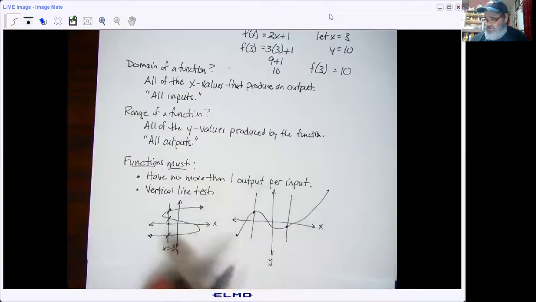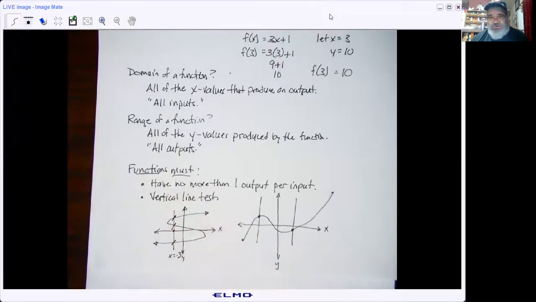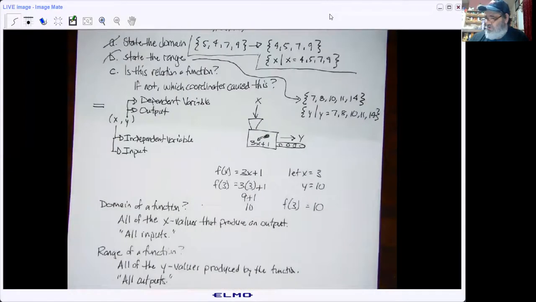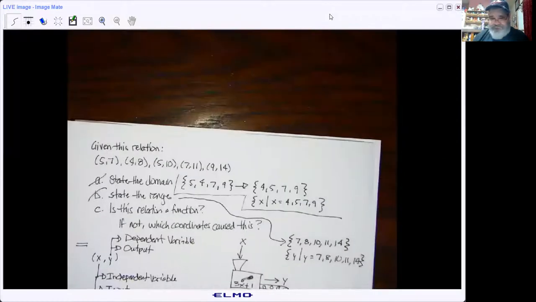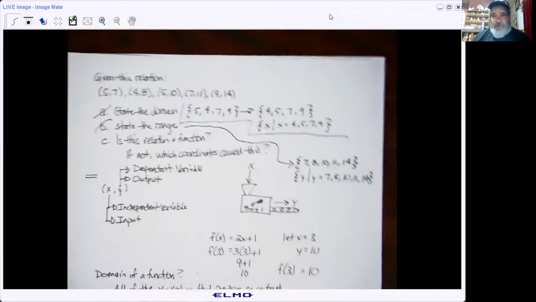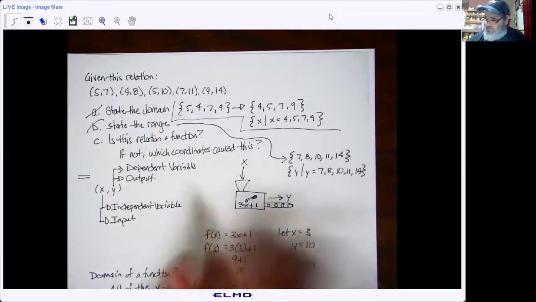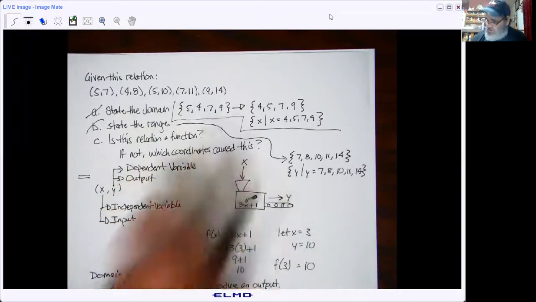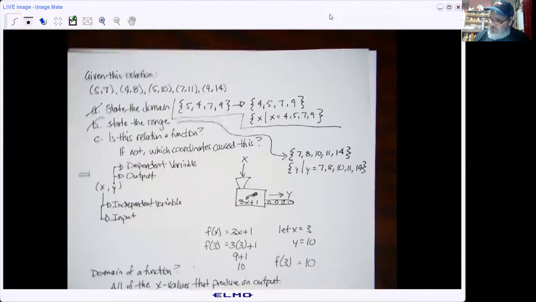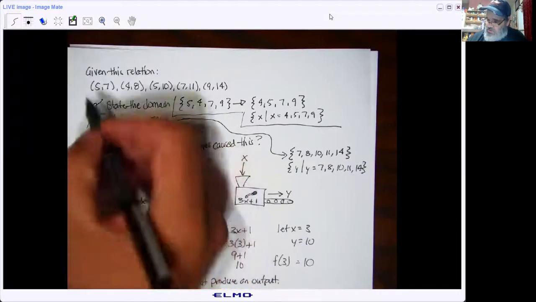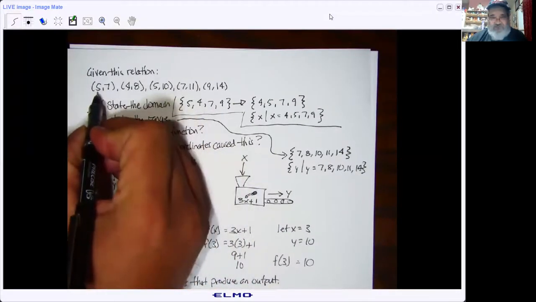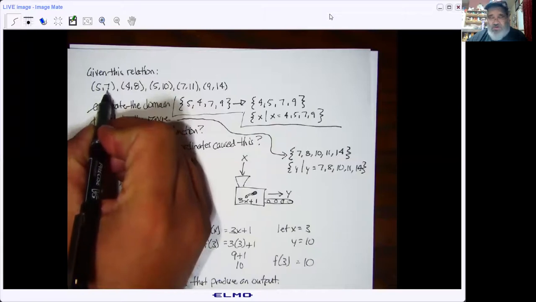So let's take this understanding and apply it to your original exercise. Given this relation, and we've got 5 ordered pairs here, for my input of 5, I have an output of 7.